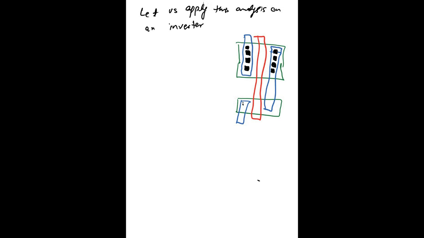And we are using 2 contacts here, similarly here as well. I'm just drawing it not correctly. So we also have this point as an out. And what other features do we have for this inverter design?